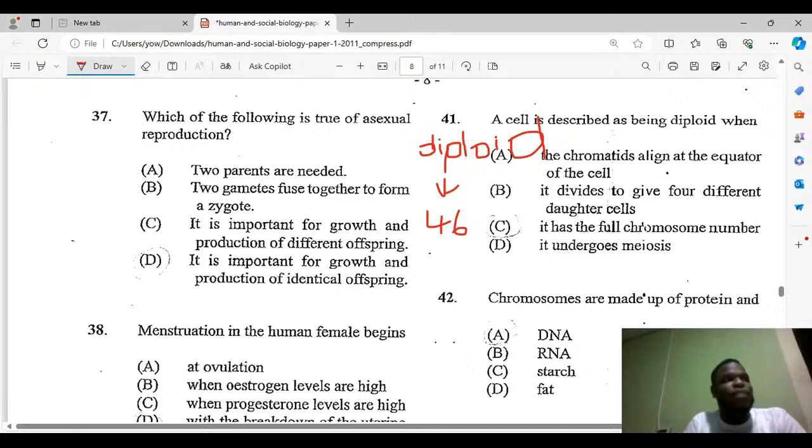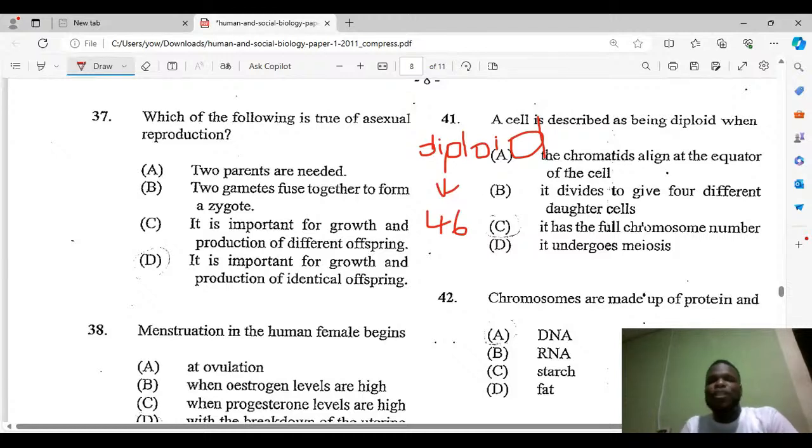Remember, mitosis is identical. That means the same 46 chromosomes are going to transfer from the parent to the offspring, straight down.